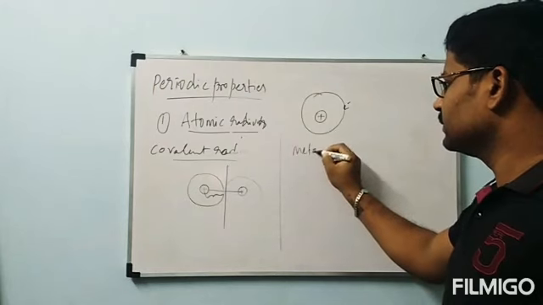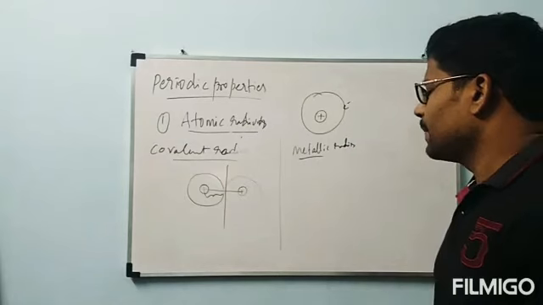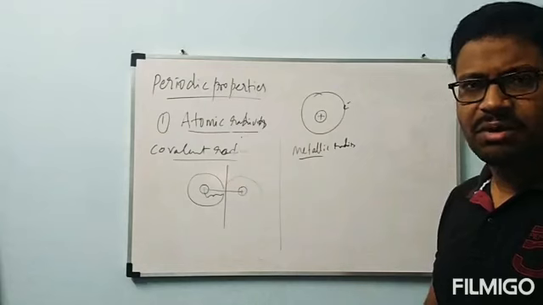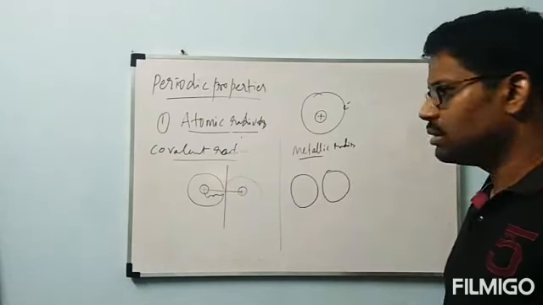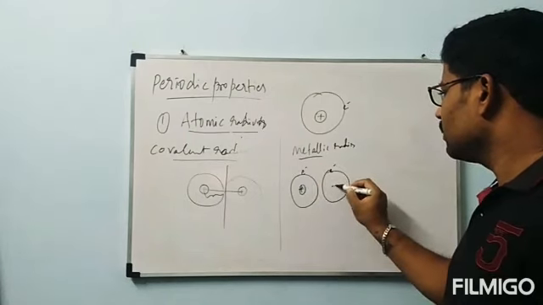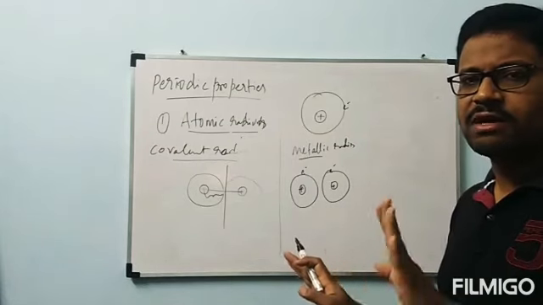Metallic radius. Metal atoms are present with a metallic bond. Free electrons present in metal atoms spin in opposite directions, and there is attraction between one metal atom and another.